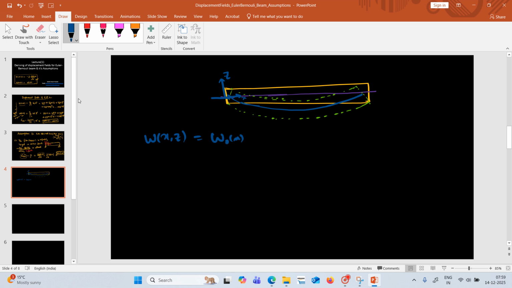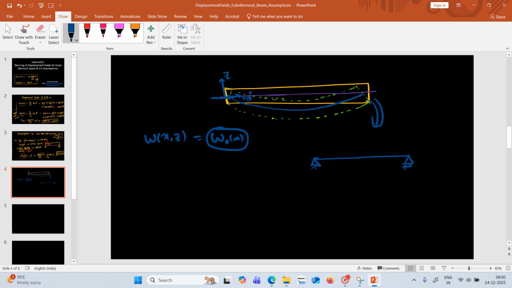This is stating that at any point within that beam, at any coordinate of z, if it is getting deflected, it would get the displacement w naught of x irrespective of z. So the whole beam thickness, the whole beam will get the same displacement of the particles along the z direction. That's why we always see in the undergrad books that the beam is always shown as a line. They always show a beam as a line member.